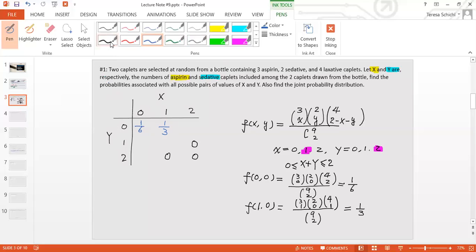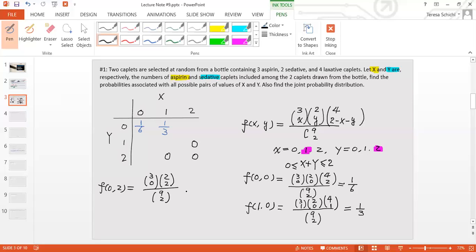Now you can do the remaining the same. Let's try to do one in here. How about f of 0, 2? Still the bottom is 9 choose 2. Now the aspirin is 0, right? How about your sedative? 2, so it's 2 choose 2.